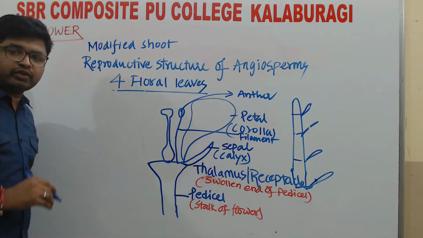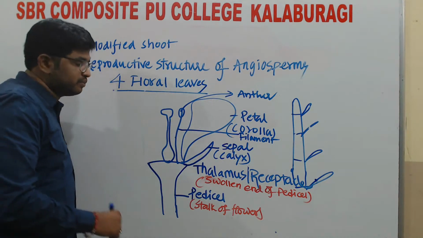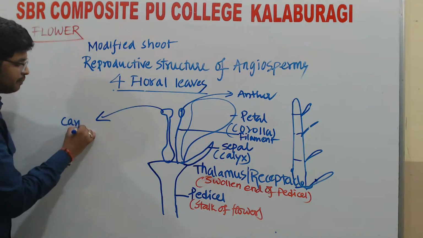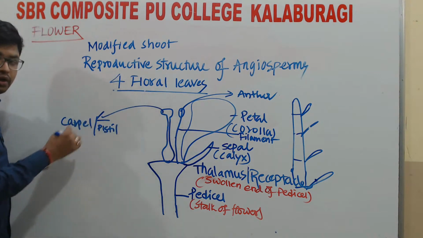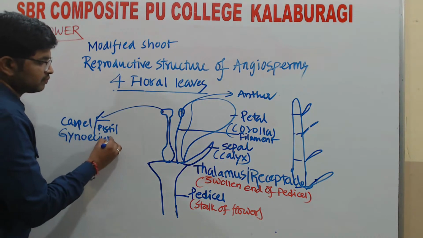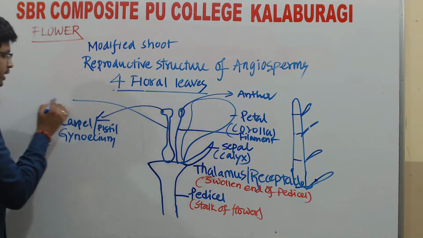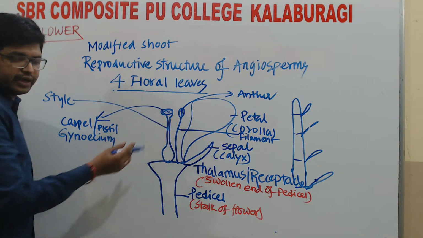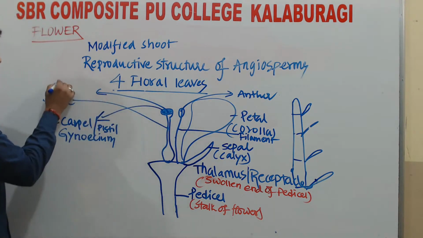And the most internal one, found at the center, is the gynoecium. The individual member of the gynoecium is the carpel or pistil. The collection of carpels or pistils we call the gynoecium. It has a stalk, which we call the style, and a receptive surface where the pollen grains come and sit, which we call the stigma.